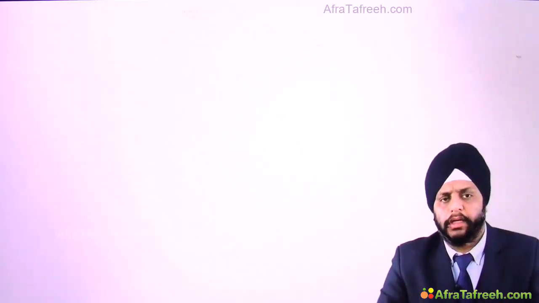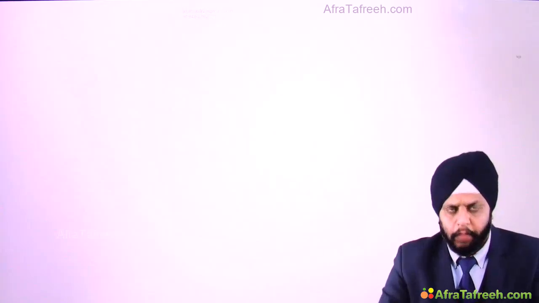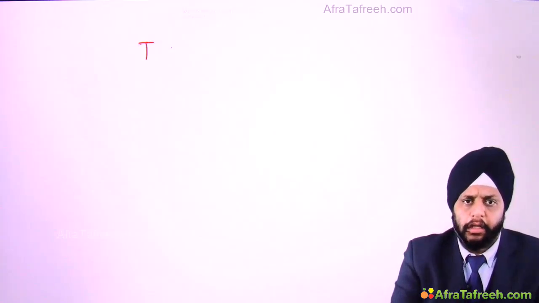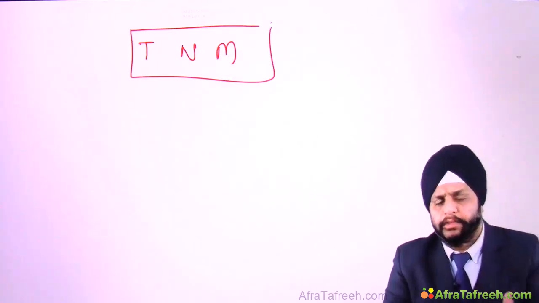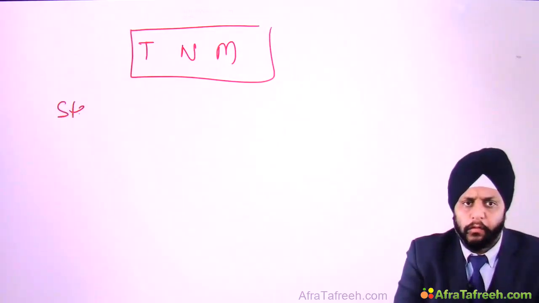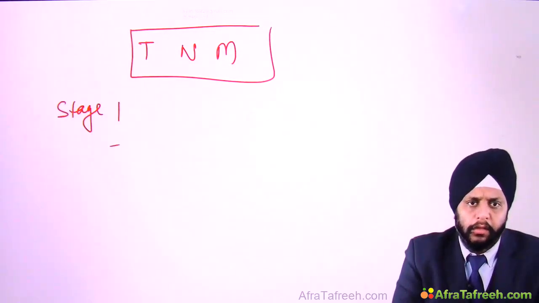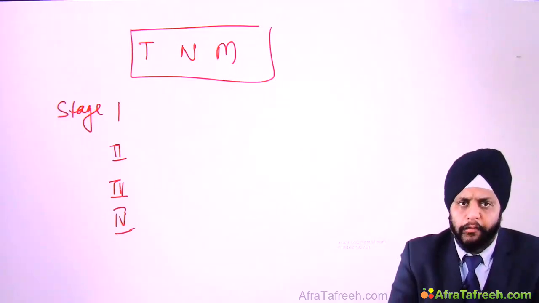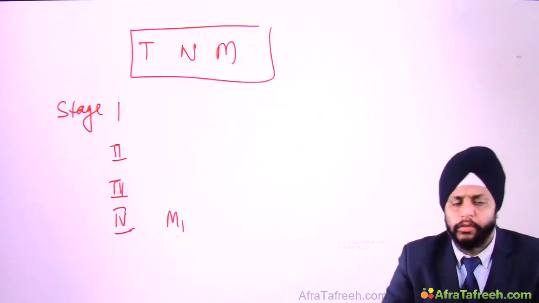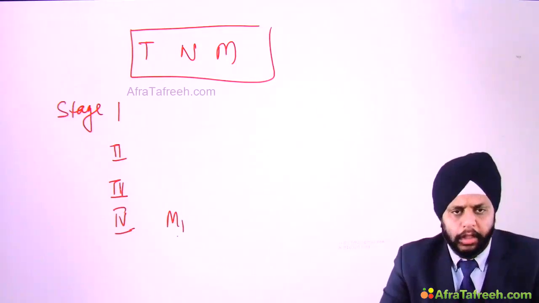Now, what is the treatment for NPC? Now, we have discussed the different TNM staging. These different TNM staging we can stage into 4 stages: stage 1, stage 2, stage 3, and stage 4. Of course, if it is M1, it will come to stage 4.